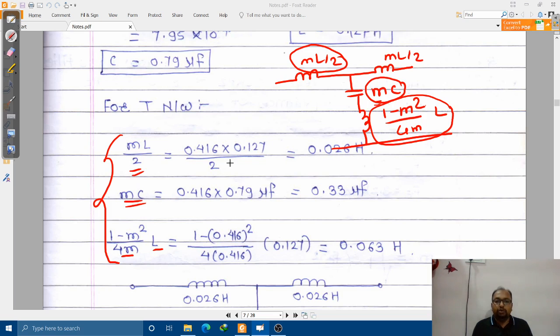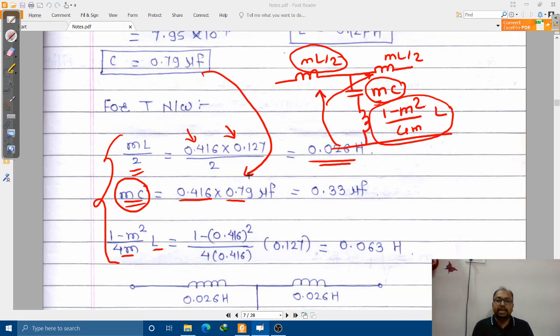ML divided by 2, once I put the value of M, L, whatever we have computed over here, then I can get the value of new ML by 2 as 0.026 henry. So this value will be represented over here as well as over here, right? Then let us compute the value of M into C. M is 0.416 and the capacitor value is 0.79 microfarad.